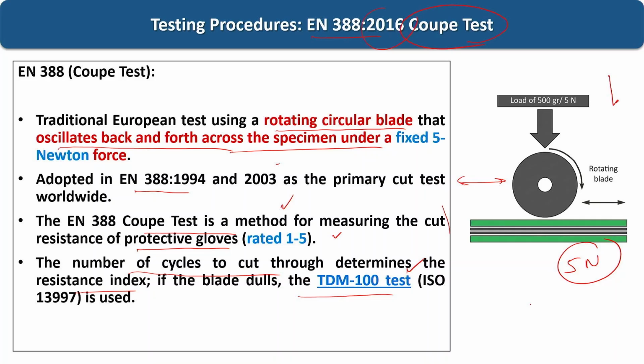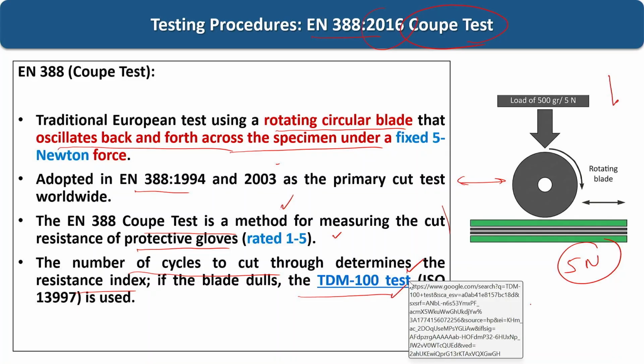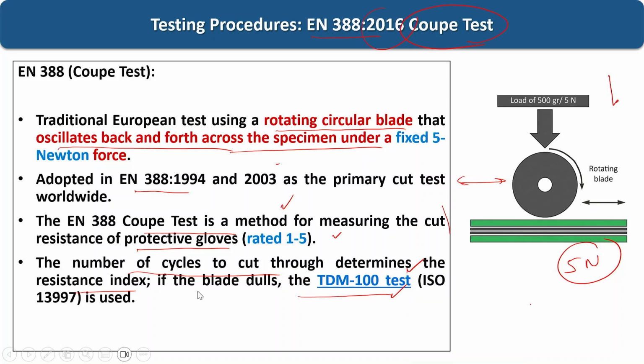Because the TDM 100 test is done on a fresh blade, but here if the blade dulls, then we have to use the TDM 100 with the ISO method, ISO 13997. But to counteract this dulling effect, the Coupe method has a standard protocol that we will be discussing.